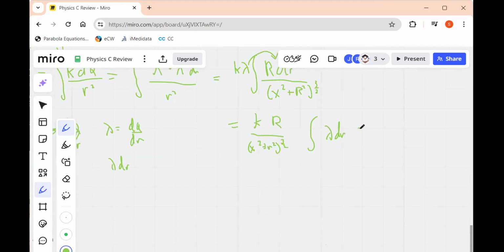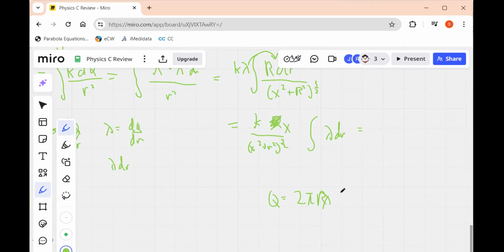So this is equal to Q. And so what we do here is then this is actually not r, this is x.